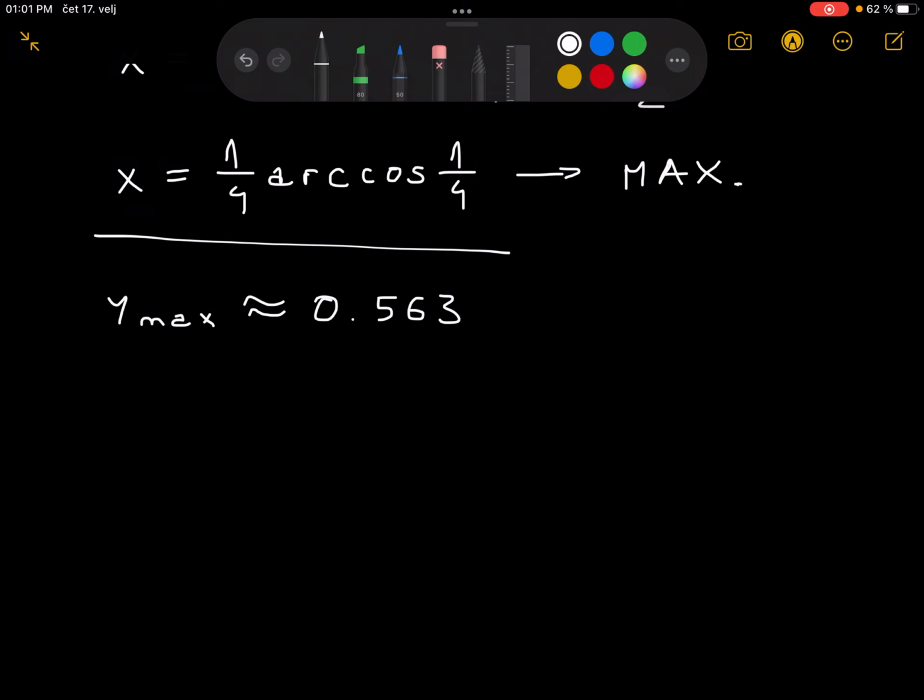There is no point in the real world where this function can have a value that's greater than approximately this. And it's supposed to be equal to 1, and we've just proved, and you'll show me the rest of the proof, why it can't be equal to 1. Okay. So that's the final answer to this video.